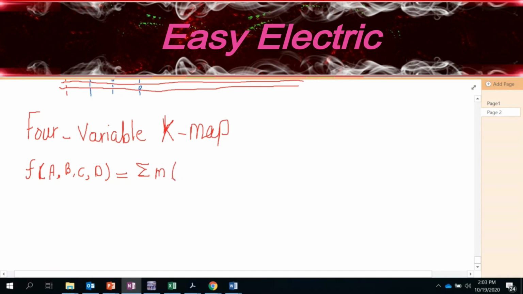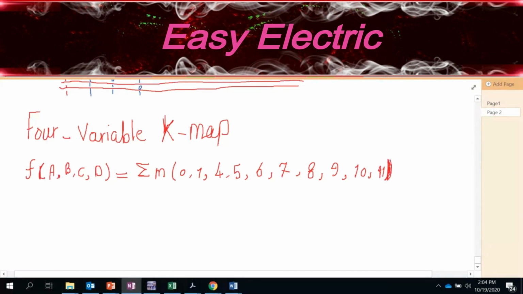So the function is this: sigma minterm 0, 1, 4, 5, 6, 7, 8, 9, 10, and 11.